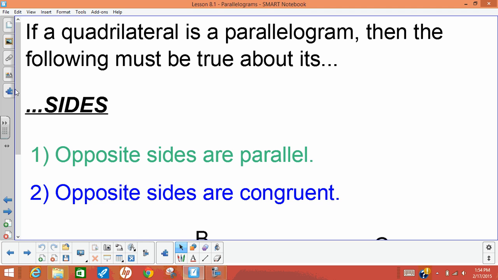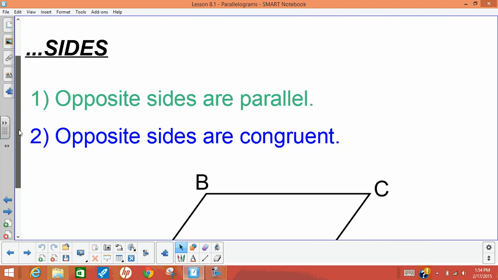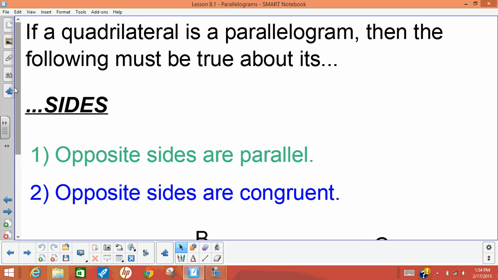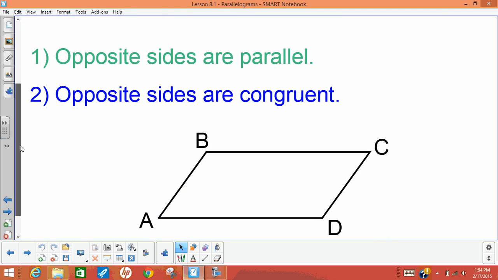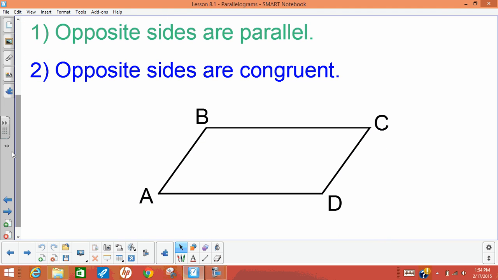So the first thing we're going to talk about is in order for a quadrilateral to be a parallelogram, we need to know something about its sides. There are two things we know about the sides. Let me just go back up. Remember, pause if I scroll down and you need to see this still. The first one kind of makes sense.